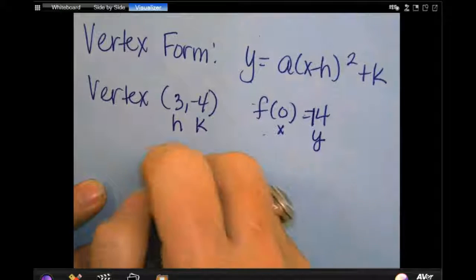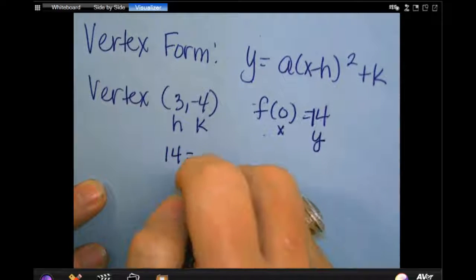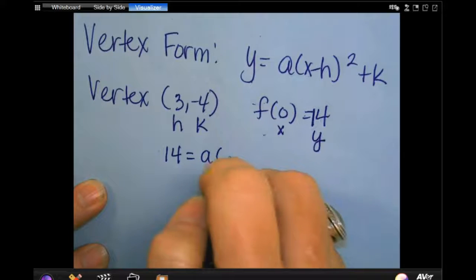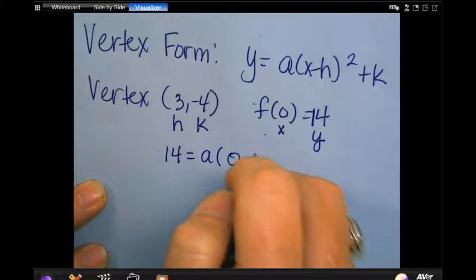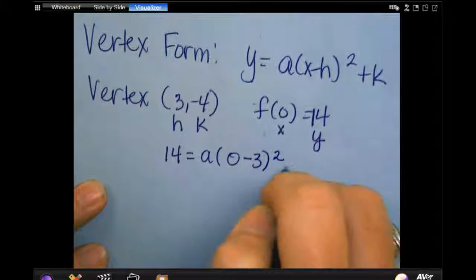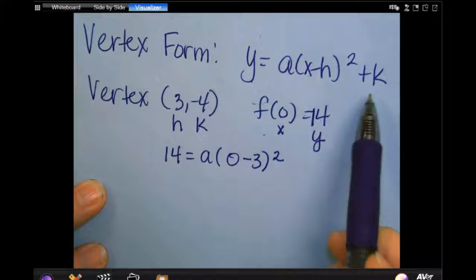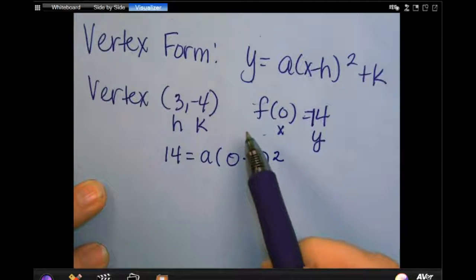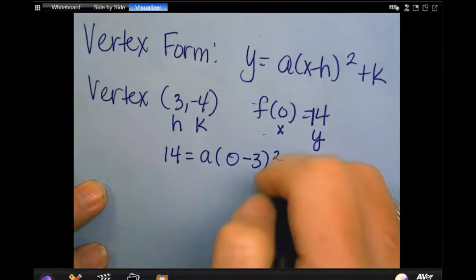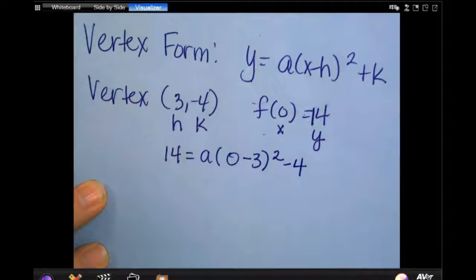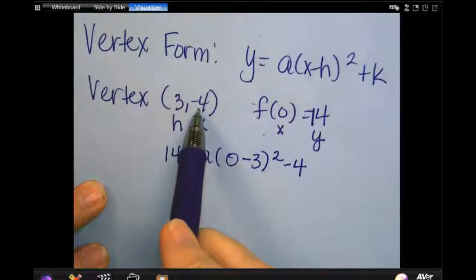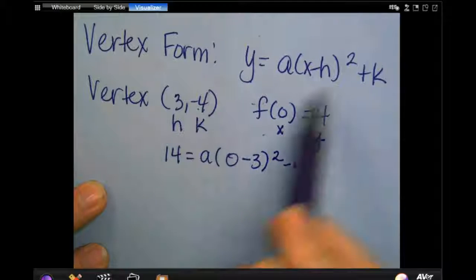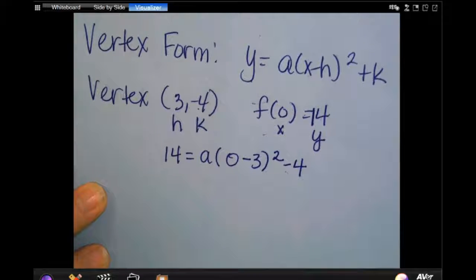So I'm going to fill it in. 14 equals a times 0 minus 3 squared. And then it says plus k, but I have a negative k. So can I just write minus 4? It's a minus here, so we can go ahead and write the minus.